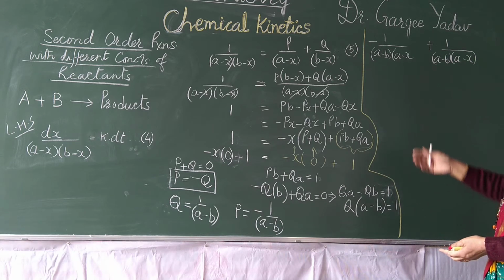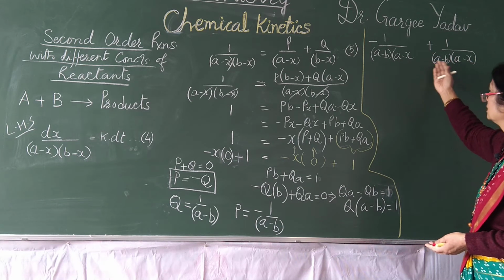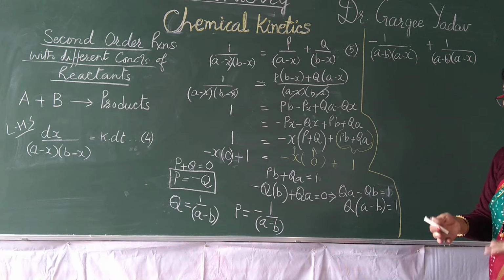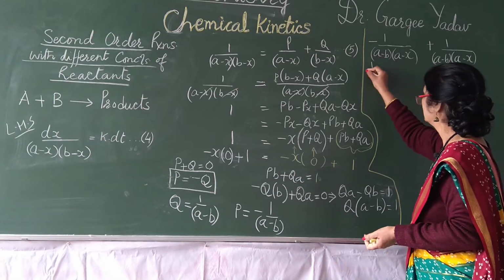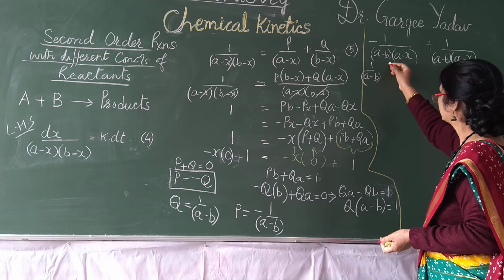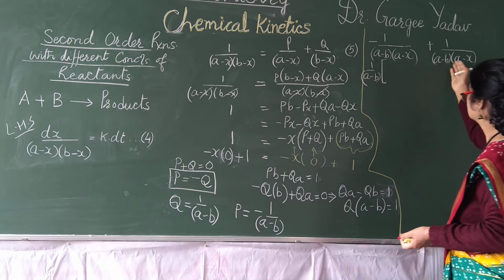We can see that 1 upon a minus b is common. So we will take out 1 upon a minus b outside the bracket as common, and inside we will take this term first.